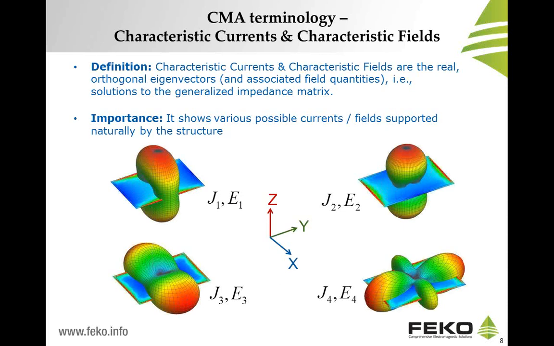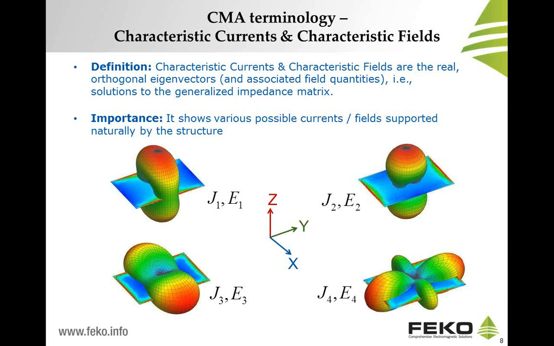Characteristic currents or fields are the real orthogonal eigenvectors and the associated field quantities that are the solution to the generalized eigenvalue equation that I showed on the previous slide. These quantities are important in that they illustrate the various possible currents or fields that are supported naturally by the structure we are considering.